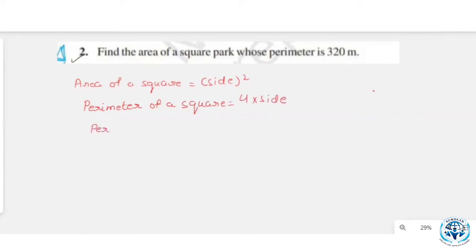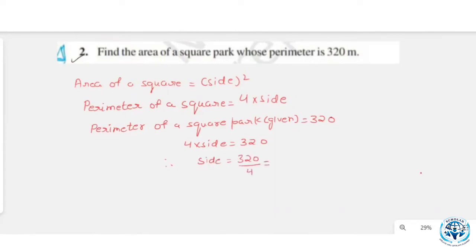Do not just memorize the formula, but understand the concepts. Perimeter of a square is 4 into side. Perimeter of a square park is given as 320. So 4 into side is equal to 320. That means the side will be 80 meter.